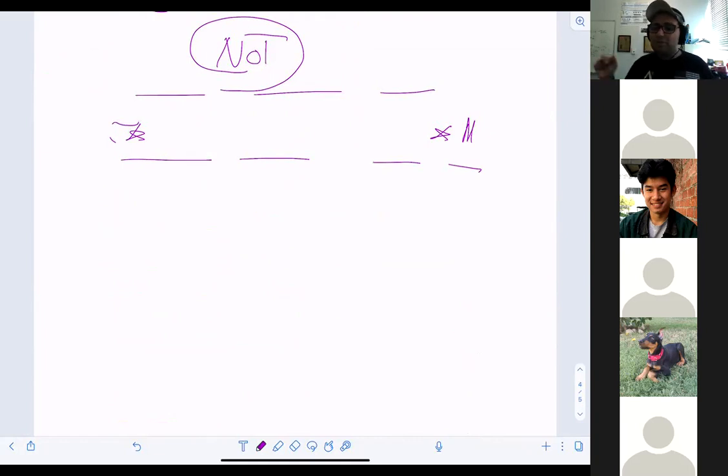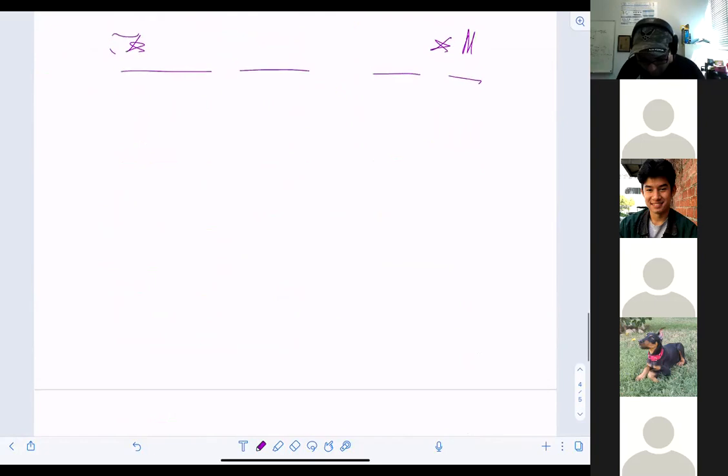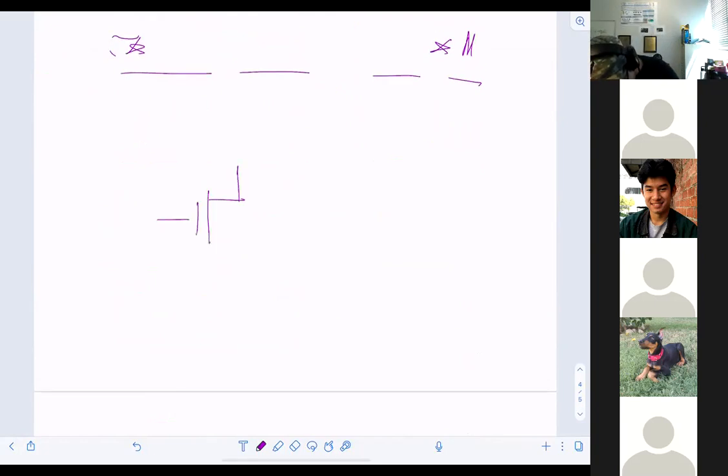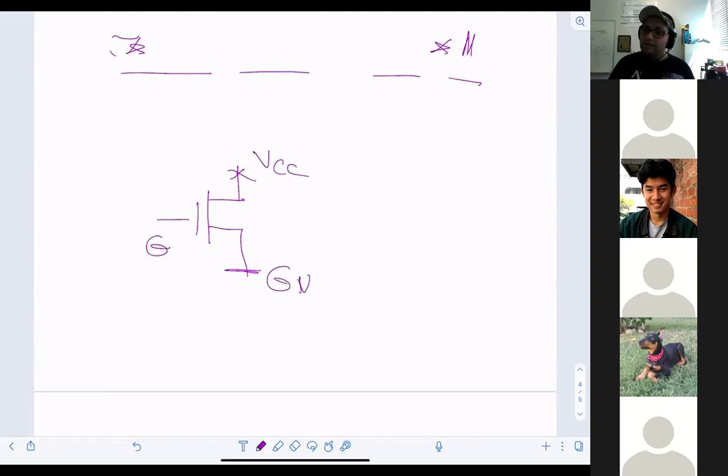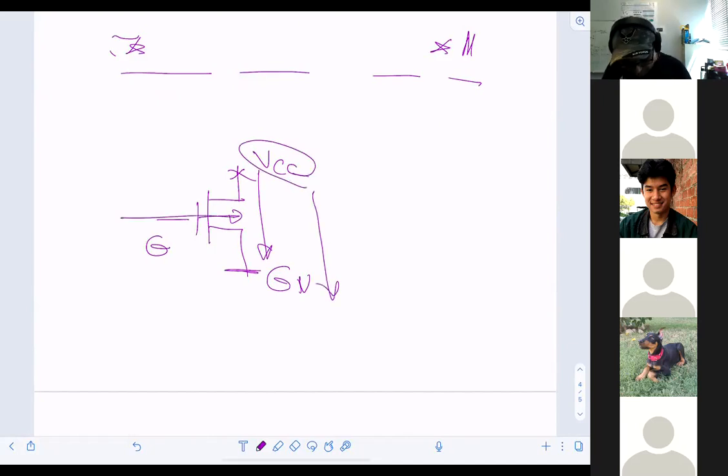This security guard is the gate. So the transistor is like this: VCC, ground, gate. If I push like this and open the gate, the current will be running, right? So Muhammad will be visiting the Science Museum. If the security doesn't like me, it will not open. Muhammad will be staying here. This is the transistor.